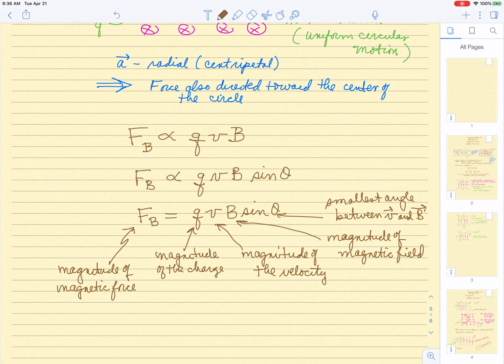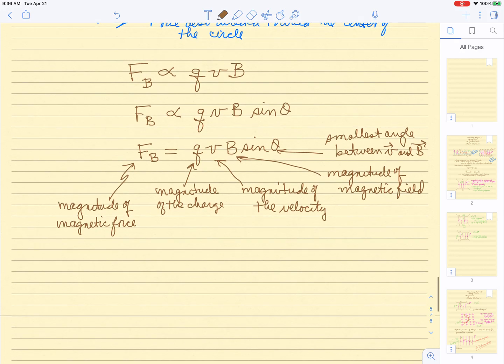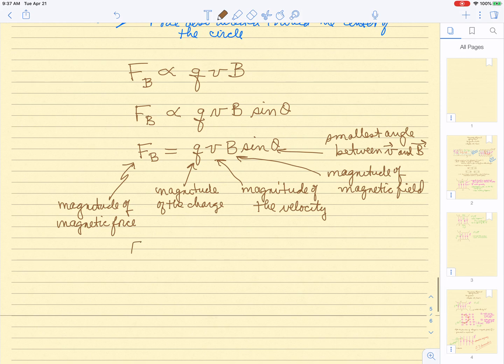Okay? So this is a good time to discuss units on the magnetic field, and then we'll call this piece of the lecture done, and then we'll go back and look at some more nuance of the magnetic field. So we know that forces are in units of newtons, that charge is in units of coulombs, that the magnitude of the velocity is in units of meters per second.